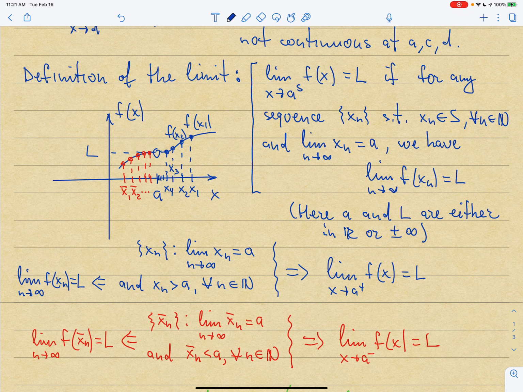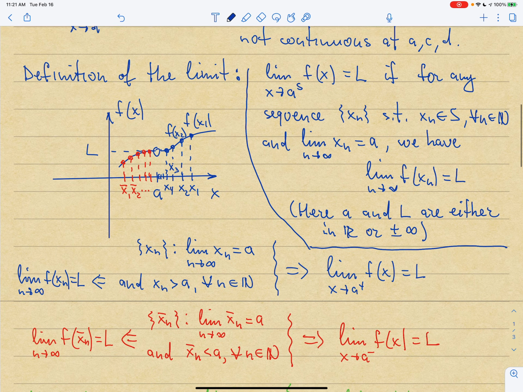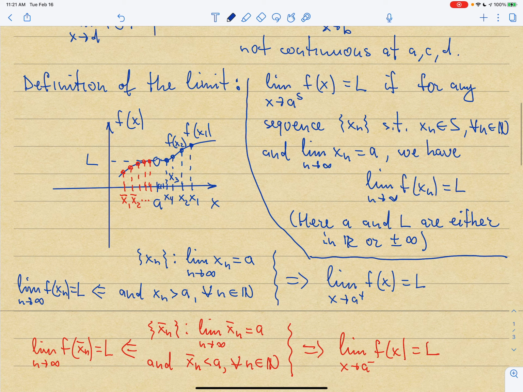So that means that my definition actually is going to encompass both finite and infinite limits, as well as limits at plus and minus infinity. All right, so let's try to do a couple of examples.